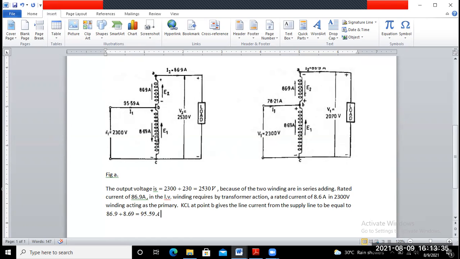So this one may be equal to the rating of the auto transformer.